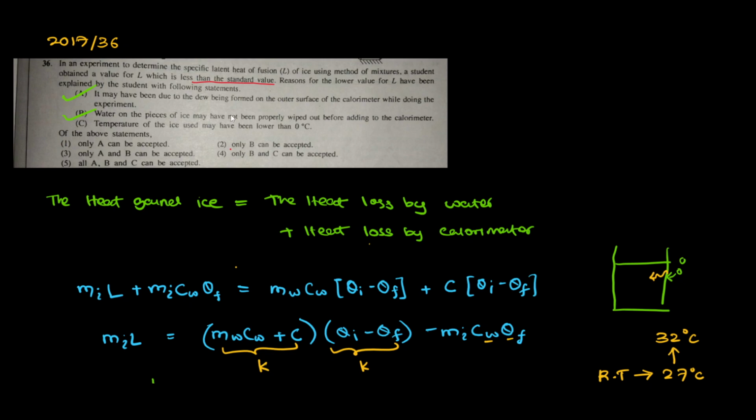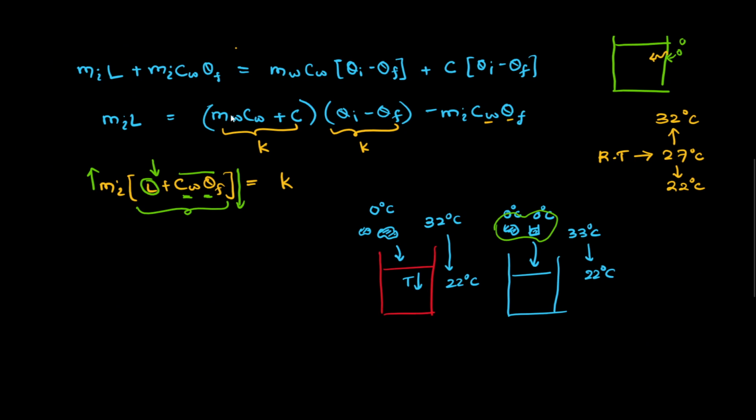Statement C: temperature of ice used may be lower than 0 degrees Celsius. Same idea, if the ice used is lower than 0 degrees Celsius, then we will need less ice, because from, let's say, minus 10 to 0, it will absorb a certain amount of heat, so the temperature goes down.